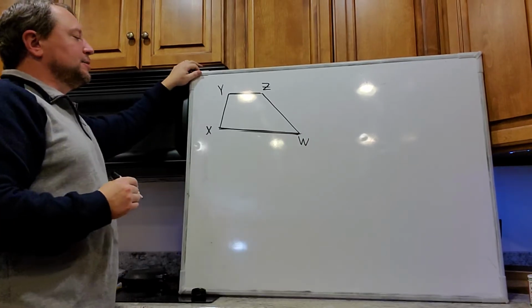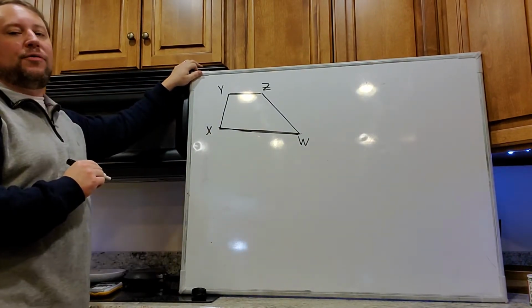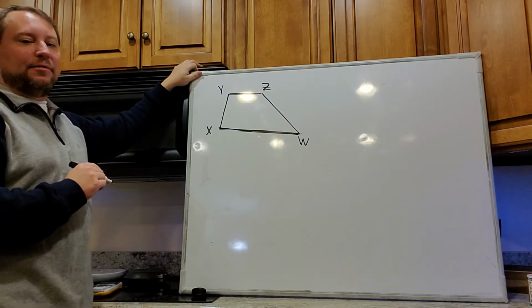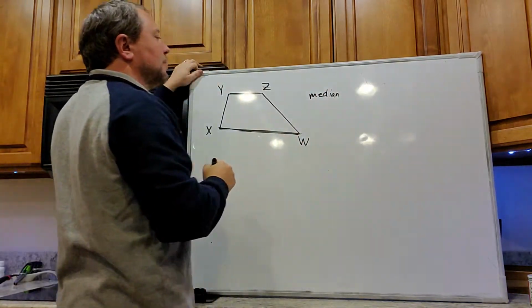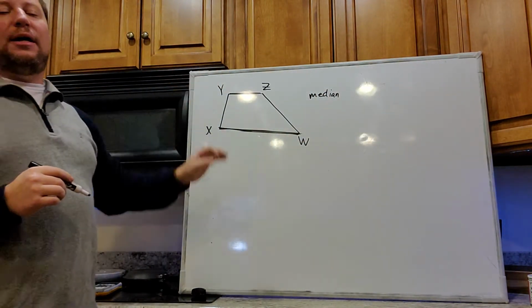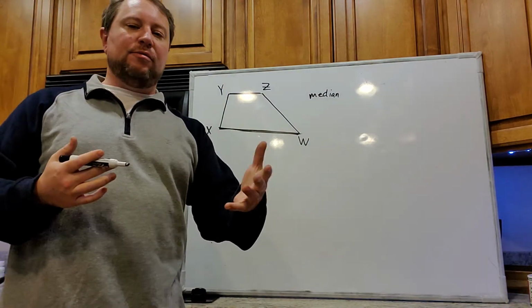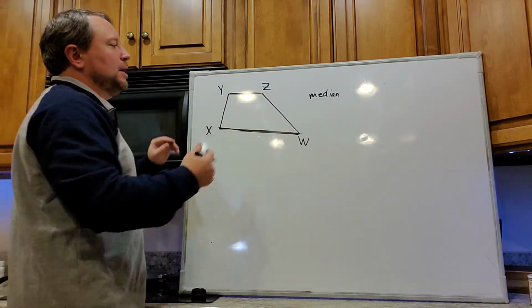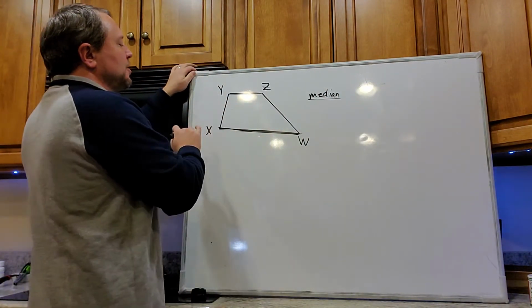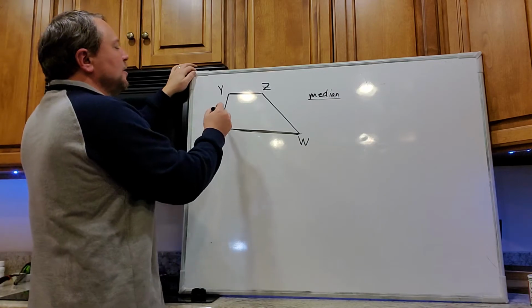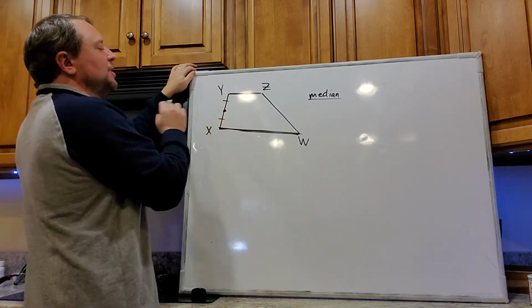Okay, now this last idea, I'm going to show you first of all what's called a median. Median. Okay, and it's kind of like what it sounds like. The word median means something that's going to run down through the middle. Okay, and a median is a segment that we could create in a trapezoid like this, for example, by finding the midpoint right in the center of each leg.